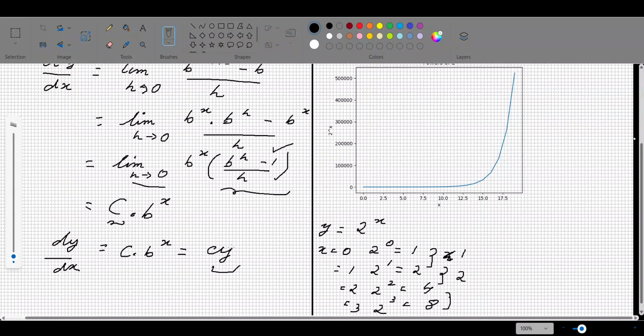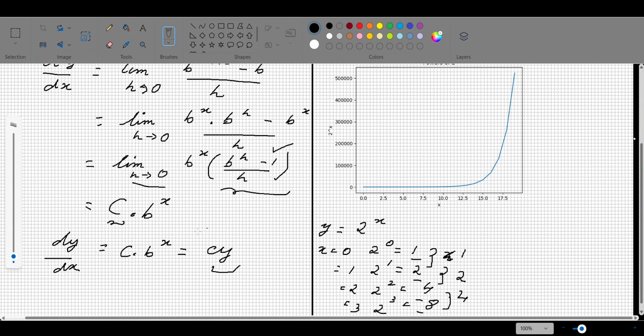Then here the change was 2. Then the change was 4. Can you see that the change is also very similar to how the actual y is changing? So the change in y is the same as the y values, which is a very interesting concept.